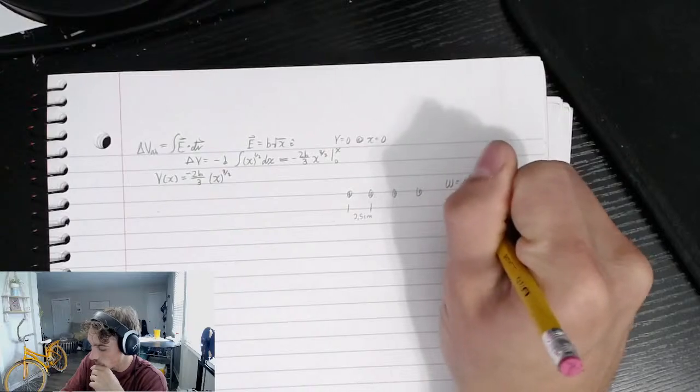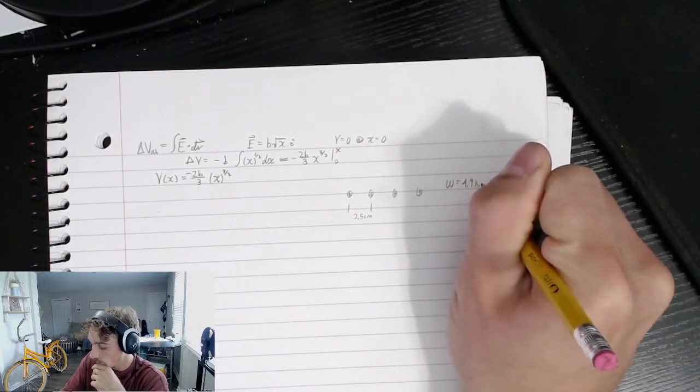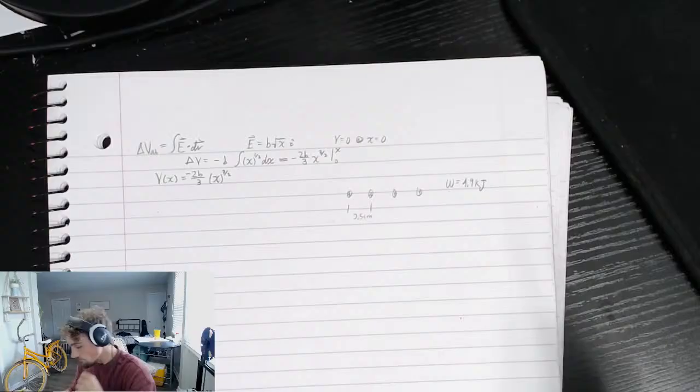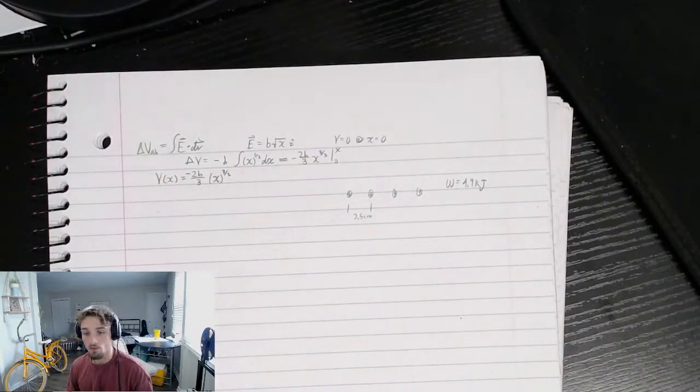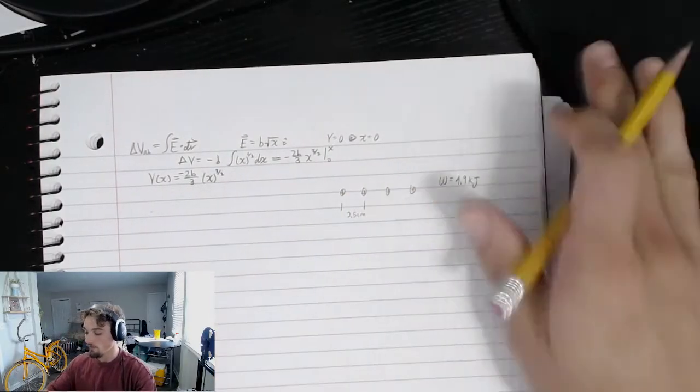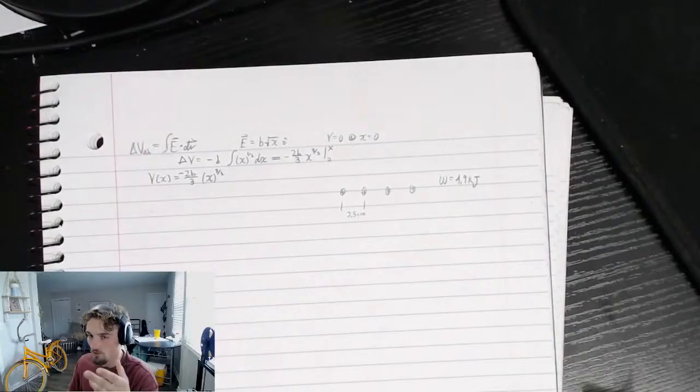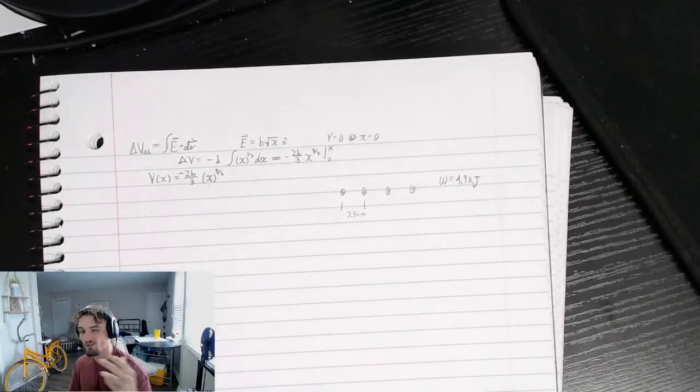So work equals 4.9 kilojoules. Okay, we know our work, and we're going to make a relation between the work and the potential. The potential, which we denote as V, also has the unit of volts, and so there's a bit of a discrepancy there, but it's nothing too difficult.